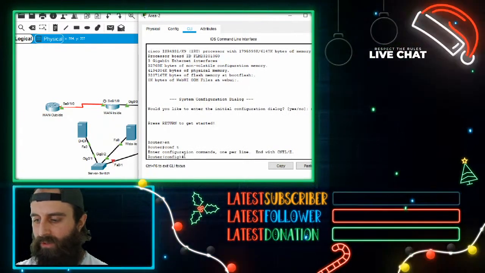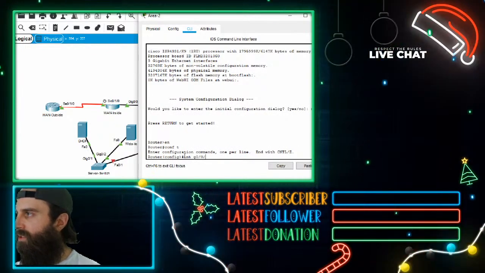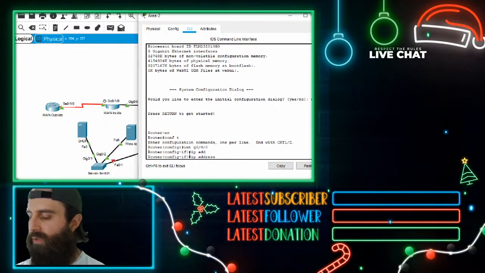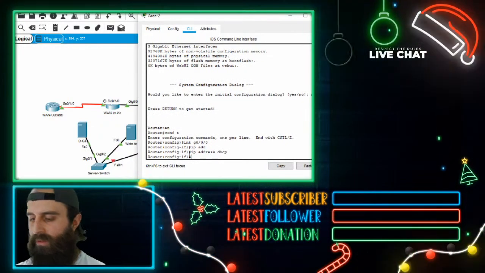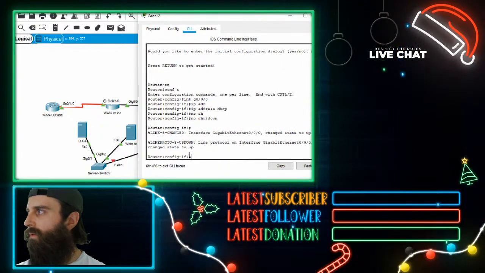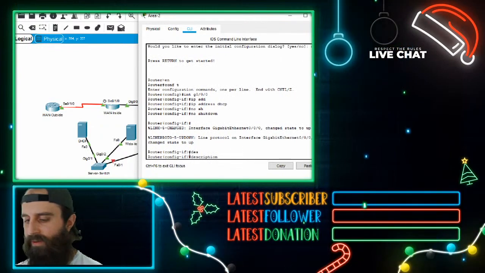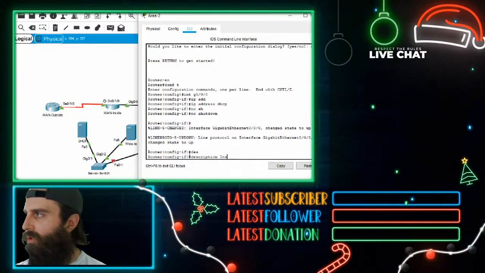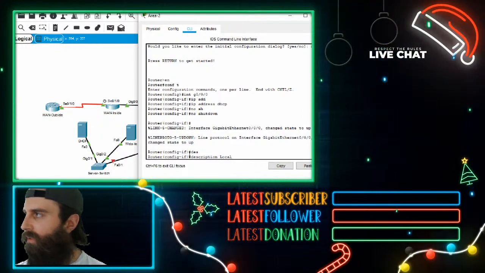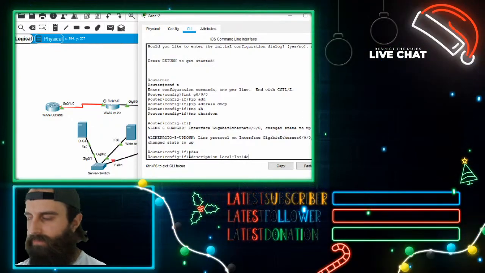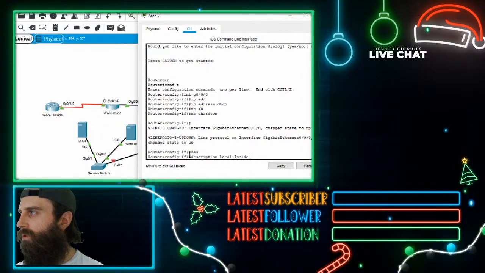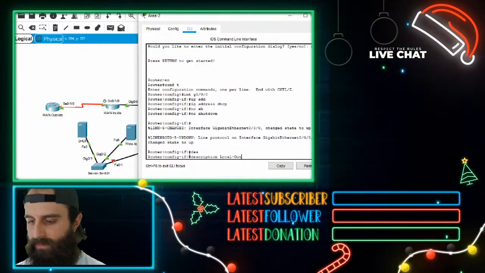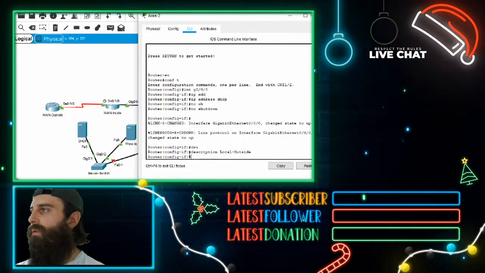So let's go to interface gigabit 0-0-0. We're going to say IP address DHCP. No shut. We're going to give that a description. I'm going to say local inside. What did I say on the other one? Local inside, or is that local outside? That's local outside. Yeah, local outside.